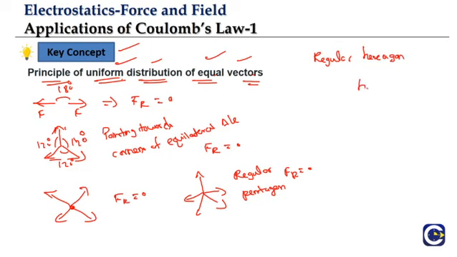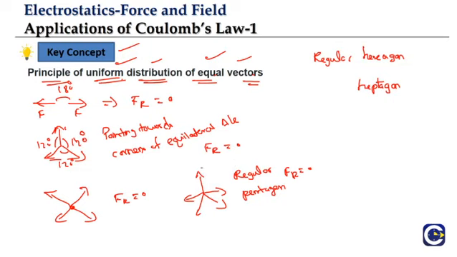If you have 7 and they are pointing to the corners of a regular heptagon, resultant is 0, and then it will be a regular octagon. So if we are distributing equal vectors in a uniform manner, then the resultant of them is going to be 0. This is what we call the principle of uniform distribution of equal vectors, and this will be of a lot of help for us while solving problems.